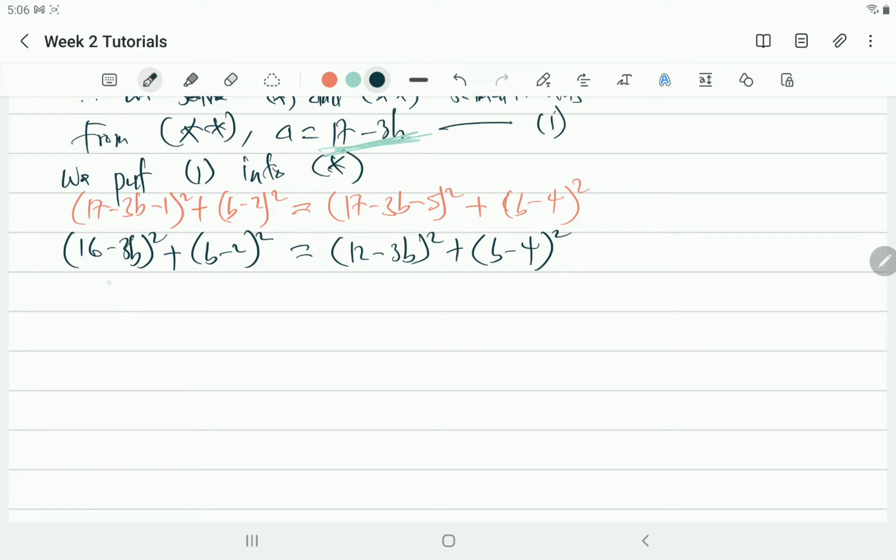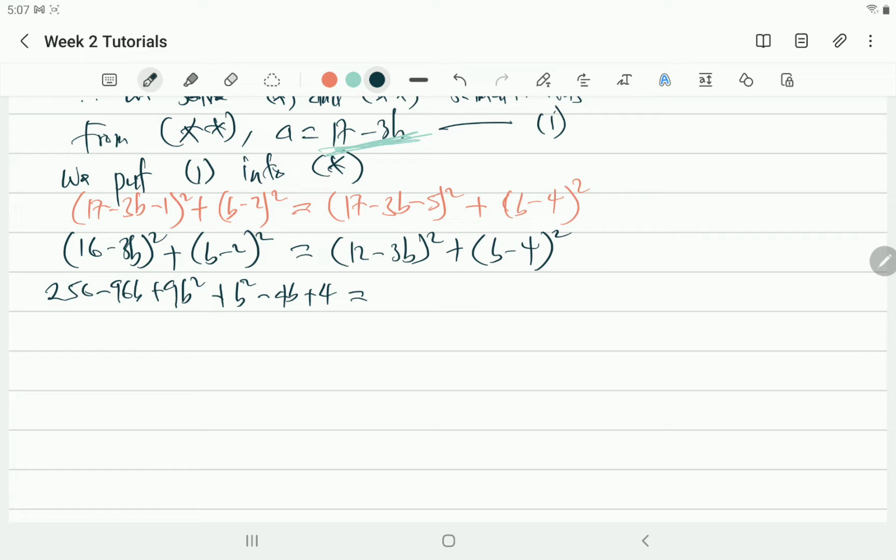Let me just expand the right hand side and something nice will happen at the left hand side. By expanding the right hand side, 16 squared is going to be 256, right? Then we have 3 times 16, which is 48, times 2, which is 96, so minus 96b plus 3 squared, which is 9b squared. I also expand the second term: b squared minus 4b plus 4.